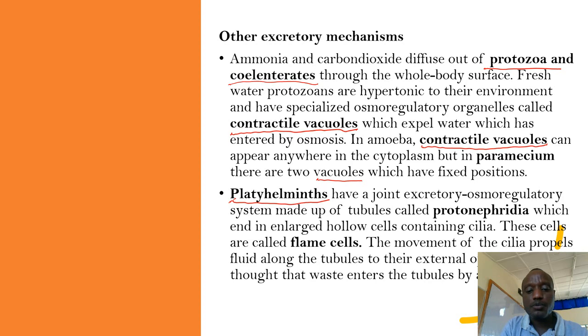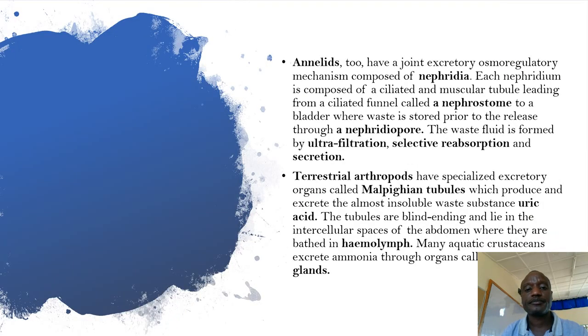Most platyhelminths use flame cells to discharge ammonia. And as they possess cilia, the cilia can also help to propel the fluid along the tubules to their external environment. That is the case for platyhelminths.